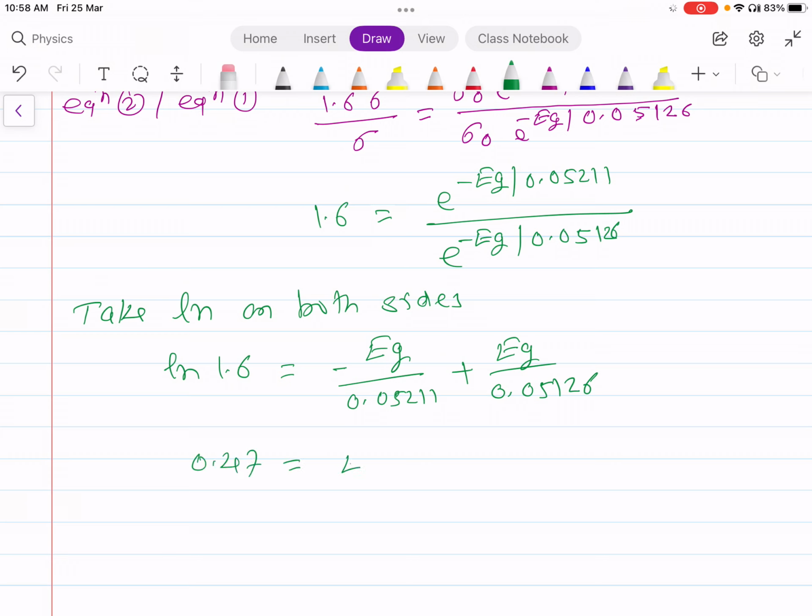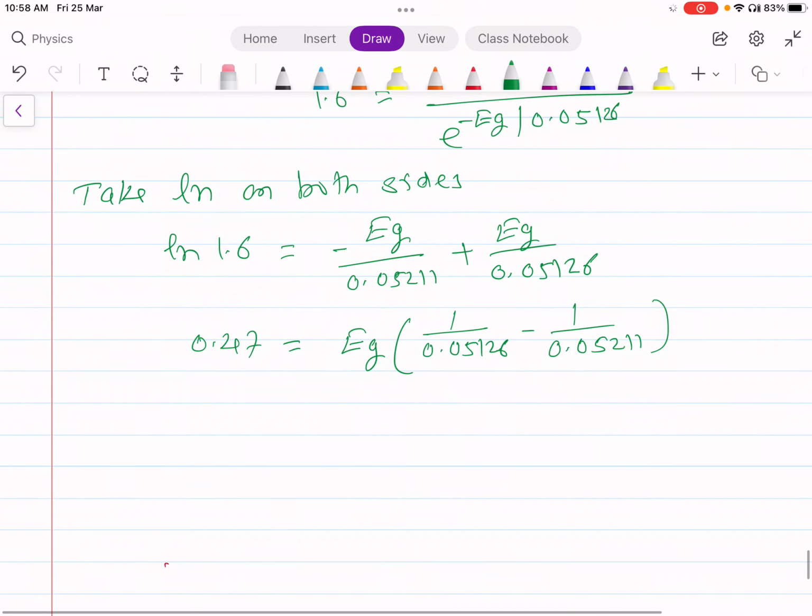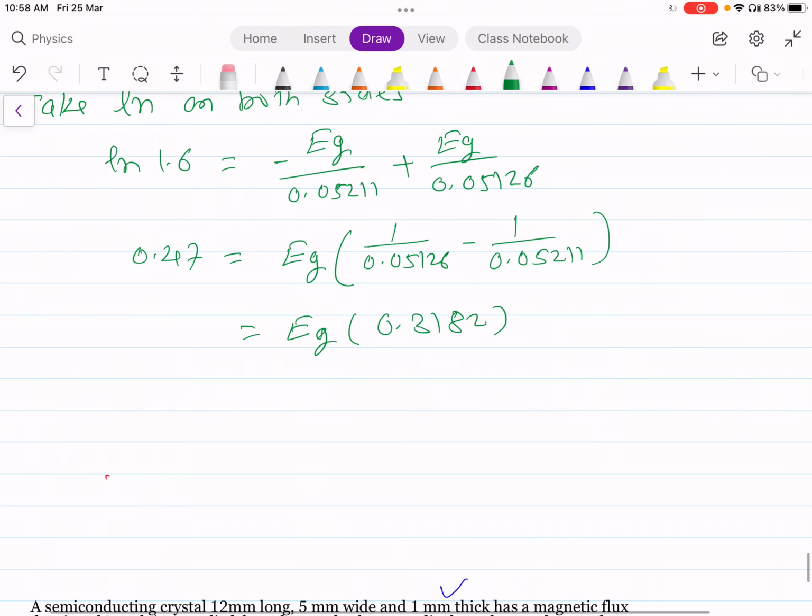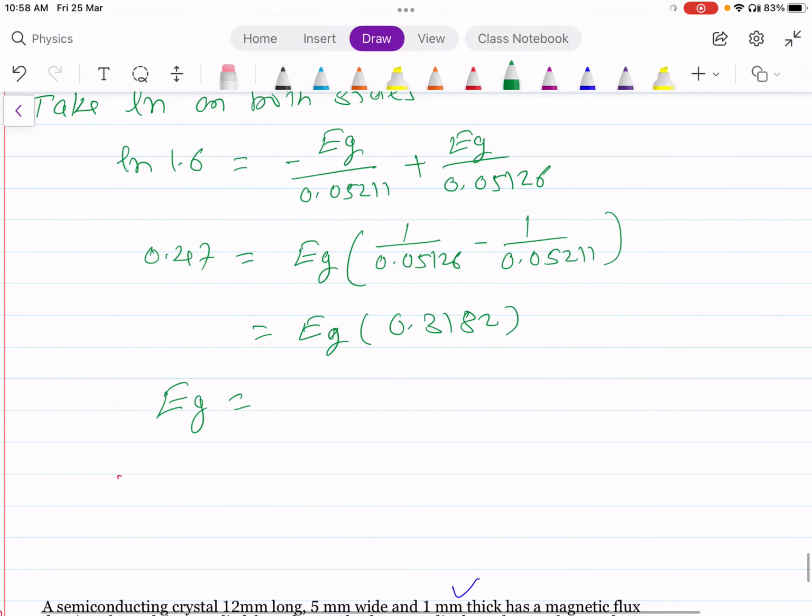And that is equal to, let's take Eg common, simplify this, rearrange it. So 1 upon 0.05126 minus 1 upon 0.05211, and this is equal to Eg into 0.3182, and therefore band gap Eg is equal to 0.47 divided by 0.3182, that is equal to 1.47 electron volt.